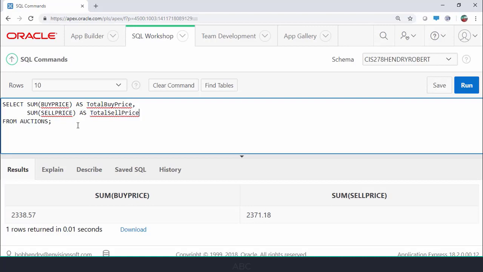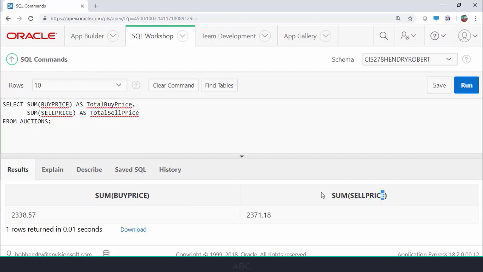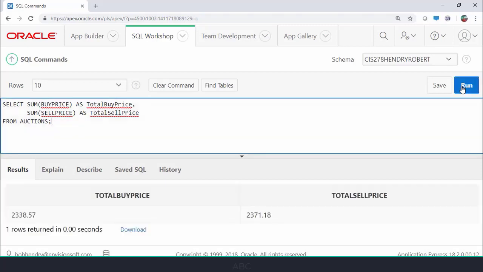All right, let's try that. Again, this just aliases our columns so they look a little bit prettier. It doesn't change the functionality at all. So we get something like that. All we did is change our headings to be something more useful.